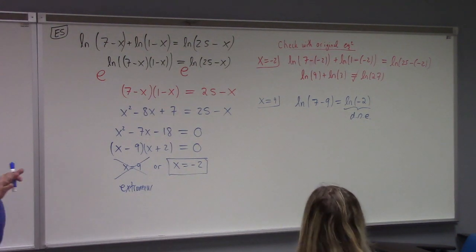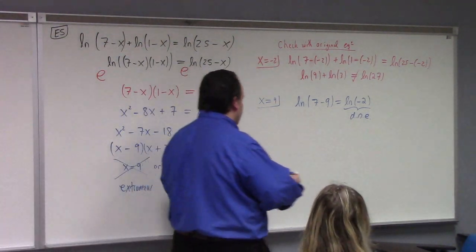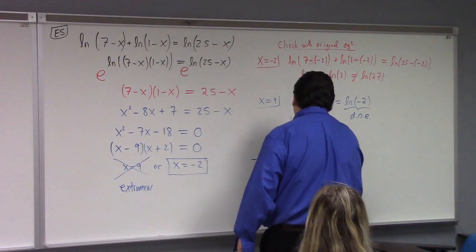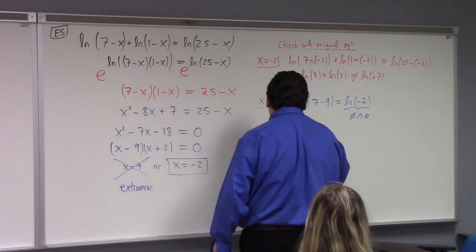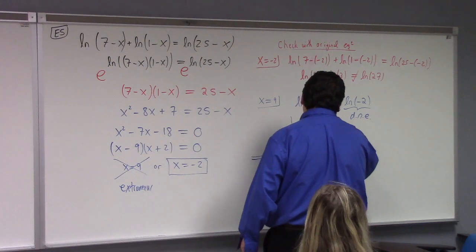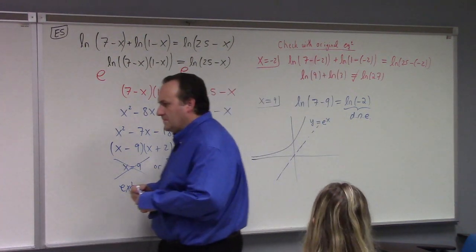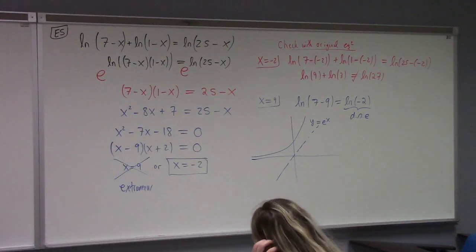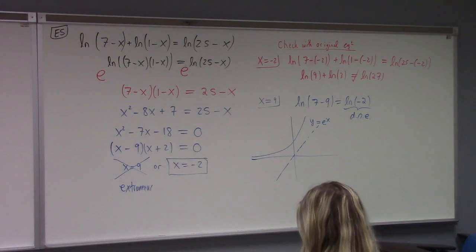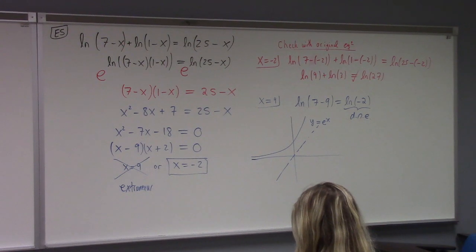The natural log is the inverse function for the exponential, right? So remember, the exponential looks like this, right? You got the line y equals x, and the inverse function to the exponential is reflected across the line y equals x. The domain for the inverse function is the range of the function and vice versa.